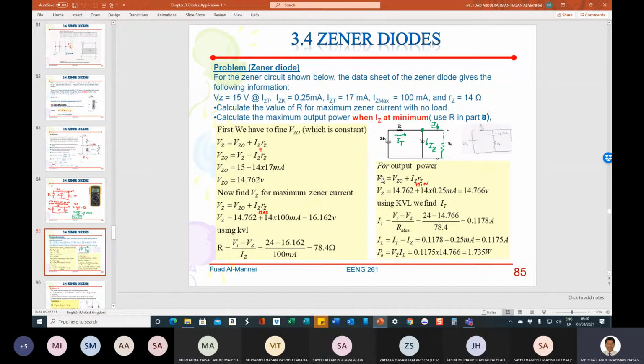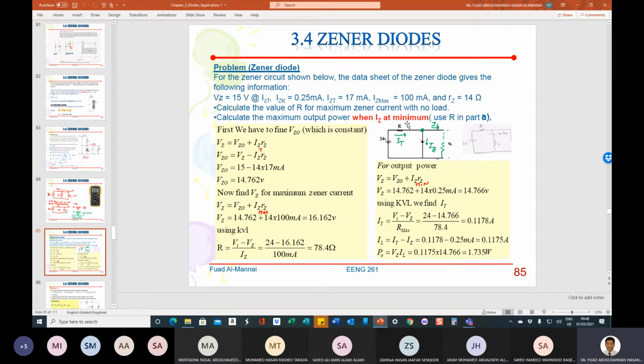So using KVL, R is equal to what? R is equal to VI minus VZ over IZ max, which is equal to 24 minus 16.162 divided by 100 milliamp. That will give you 78.4 ohms. So R will be 78.4 ohms. Any questions?